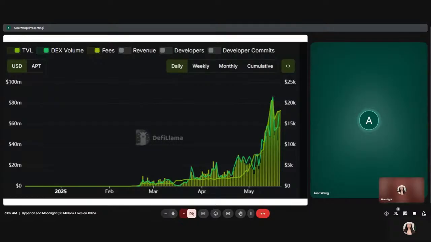But right now, in these 3 months, we have achieved a TVL of nearly 80 million US dollars, and we have a cumulative trading volume of 1.6 billion US dollars. It has just happened in a 3-month period. So we are proud of these outcomes that we have already gained.